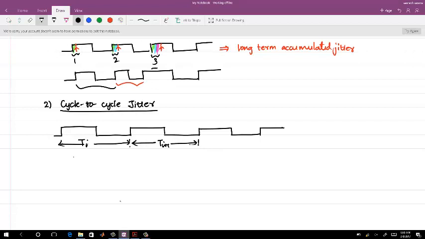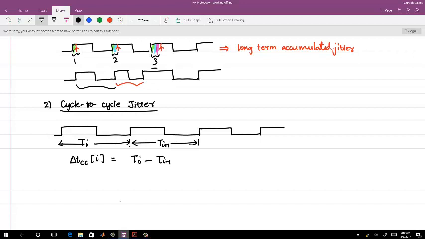Now, delta T cycle to cycle of I is defined as T of I minus T of I minus 1, or you can write T of I plus 1 minus T of I. So this defines the difference between two adjacent time periods.